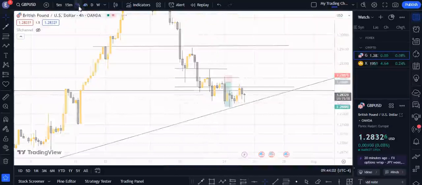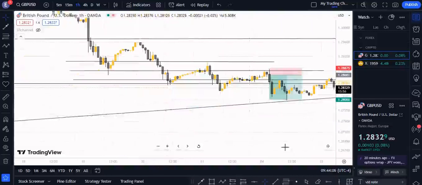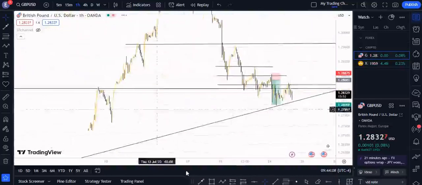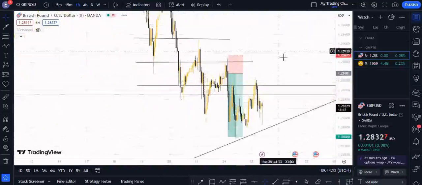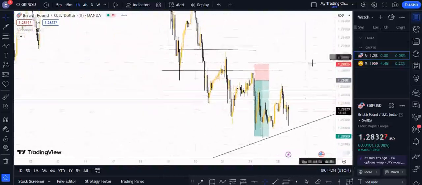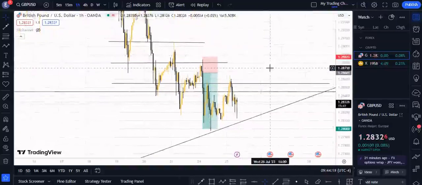Now let me show you guys a lot more clearly on the 1 hour time frame, so you can have a better understanding, because the 4 hour can be somewhat tricky. So let's switch to our 1 hour time frame, so you can see it right here.